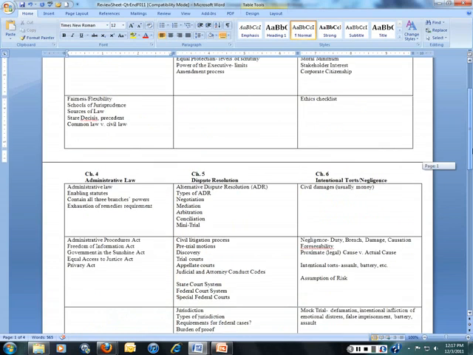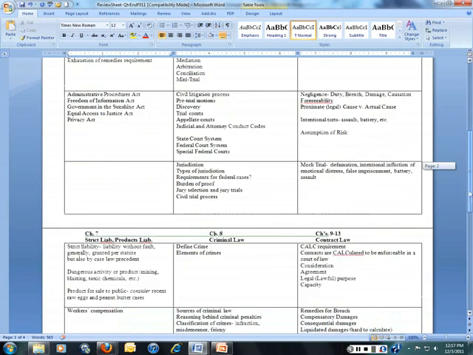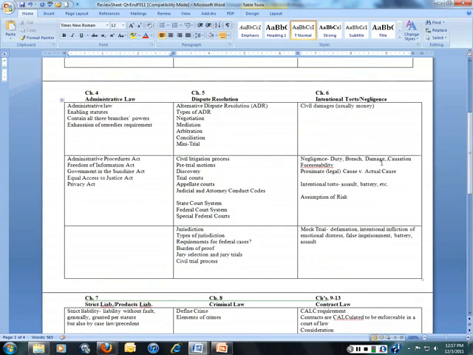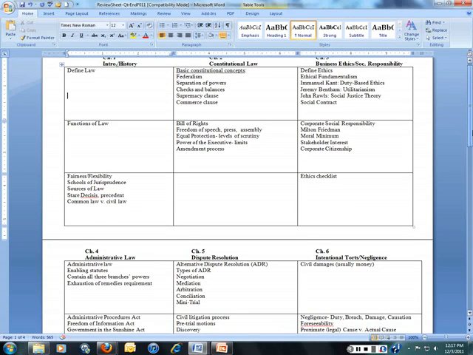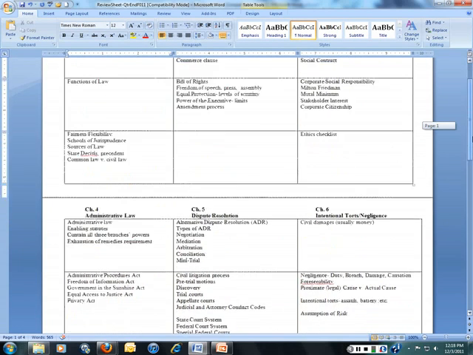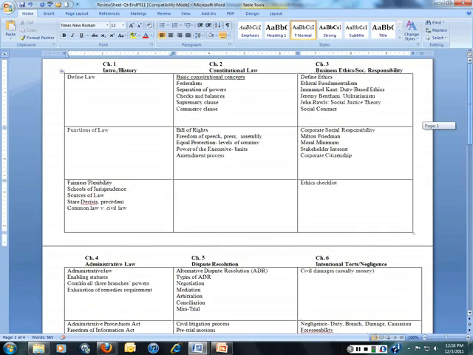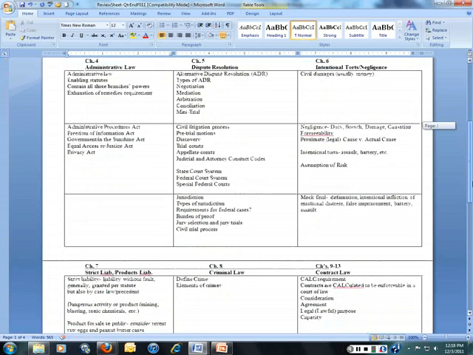I just want to point out specifically the emphasis here for your final exam. Constitutional law: you need to know general principles of our system. The difference between common law and civil law is significant. You should know something broadly about ethics and social responsibility, and be able to apply ethical standards to a given situation.